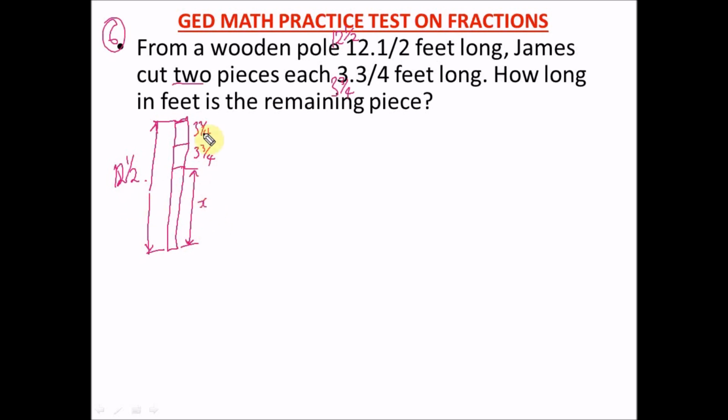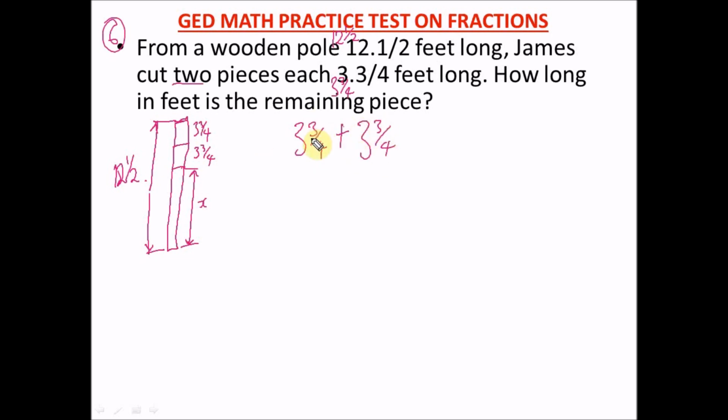Now for us to get this, we have to add these 2 pieces he cut and subtract from the total, that's the length of the wooden pole. So let's add this up. We have here 3 whole number 3/4 plus 3 whole number 3/4.